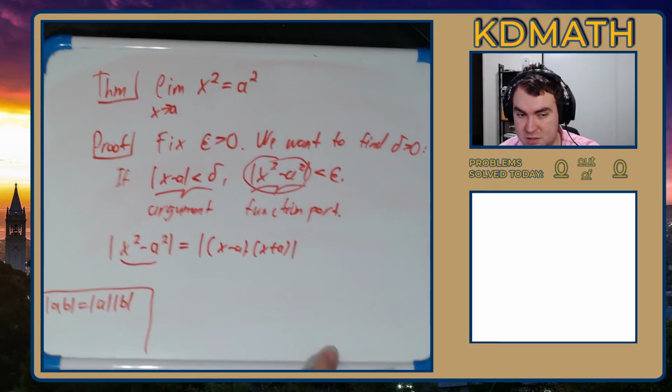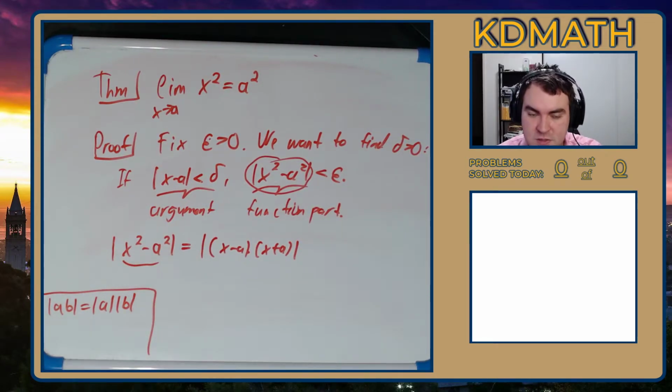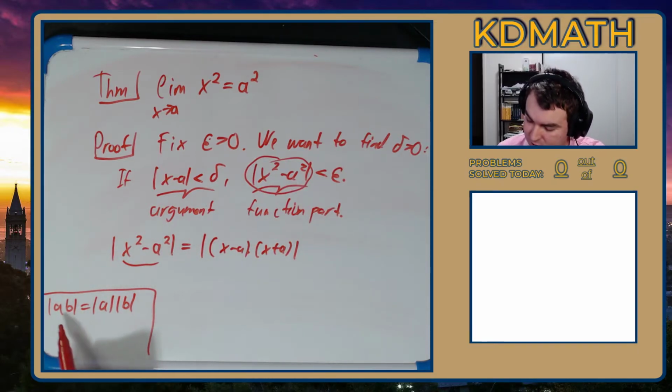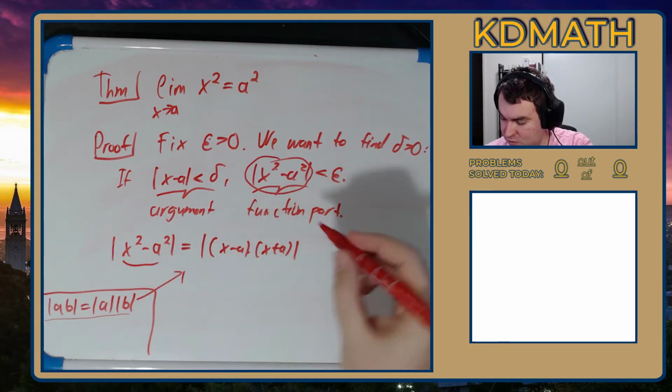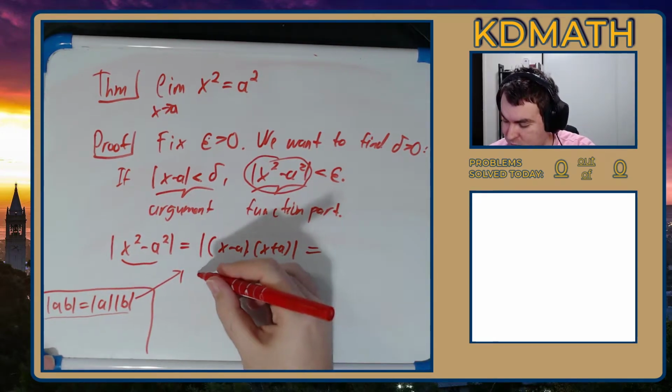And this is just a theorem, and something you can very straightforwardly observe. If you take -2 and 3, -2 times 3 is -6. The absolute value of -2 times the absolute value of 3 is 6, which is the absolute value of -6.